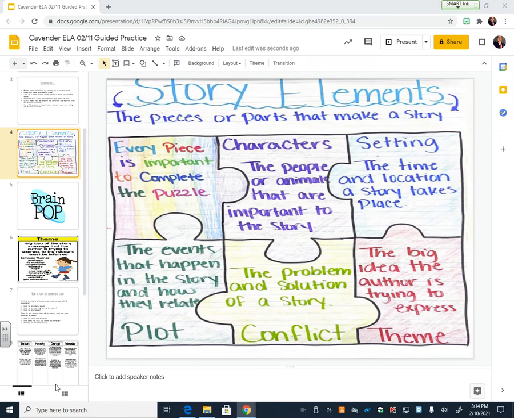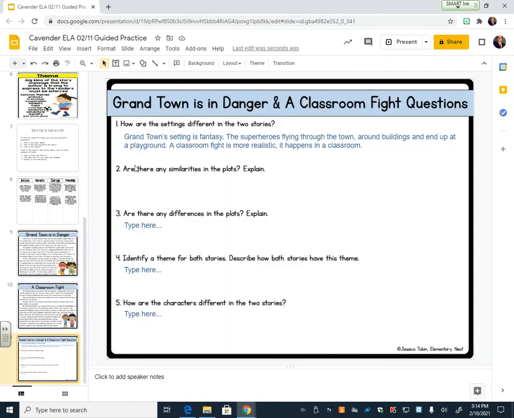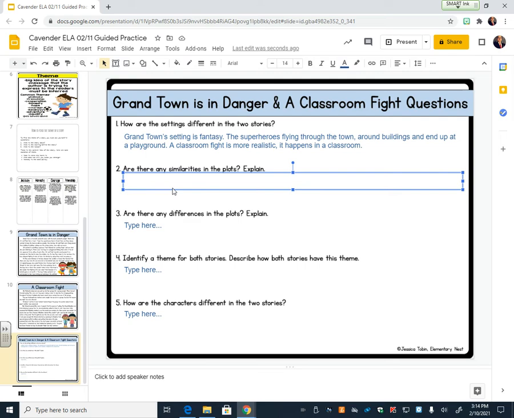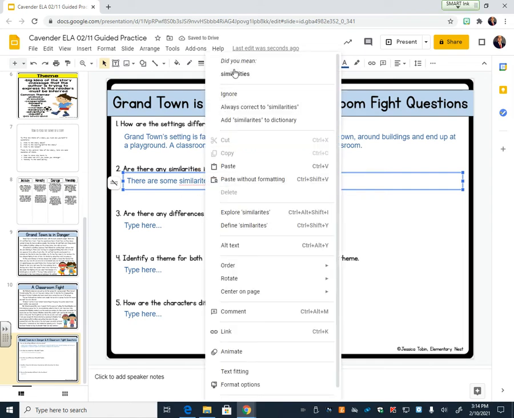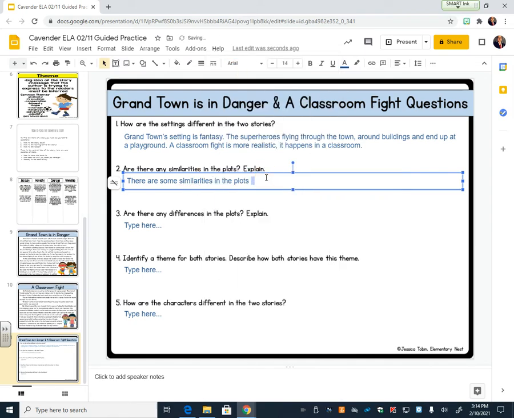So, there are some similarities within both plots. Because both of the plots include a fight or a disagreement.